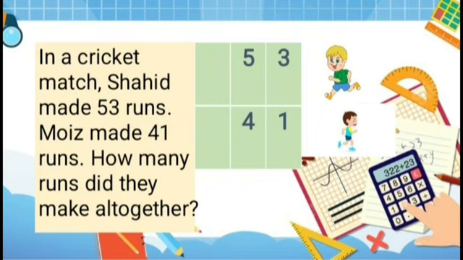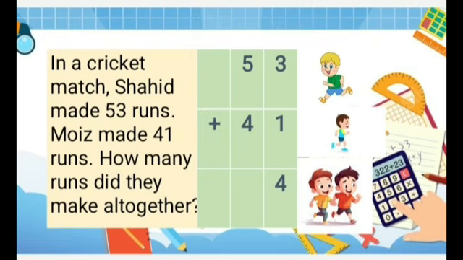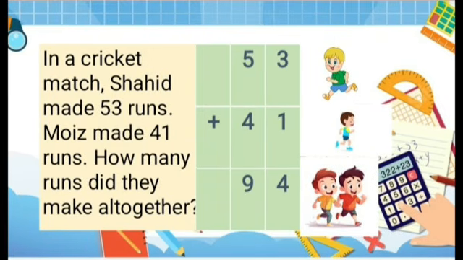And in the second row, we will write 41. We first add ones, that is 3 and 1. 3 plus 1 is equal to 4. Now we will add tens, that is 5 plus 4. 5 plus 4 is equal to 9. The answer is 94. We can say that both made 94 runs all together.